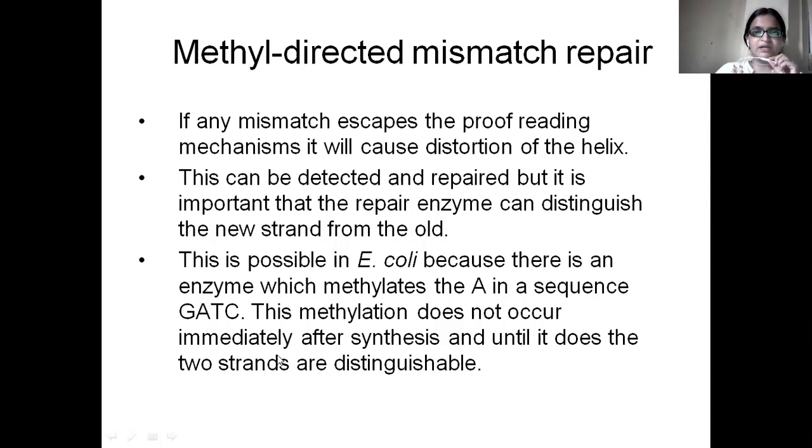The methylation does not occur immediately after synthesis, and until it does, the two strands are distinguishable. We know that during replication, two daughter DNA strands are synthesized from the parent DNA strand, and one parent DNA strand is present in both the daughter DNA molecules.